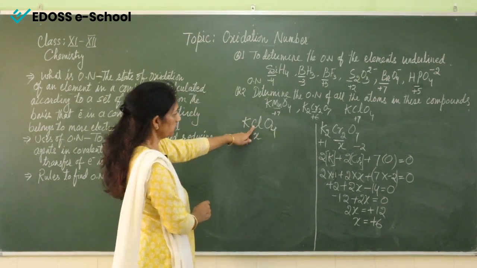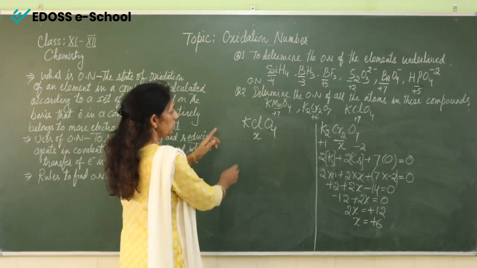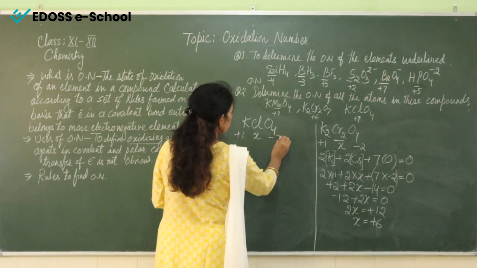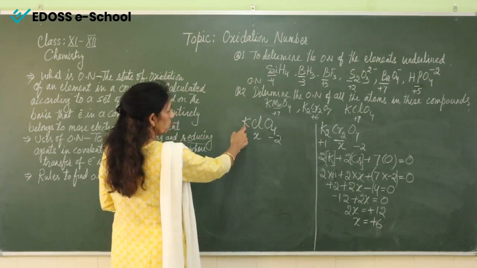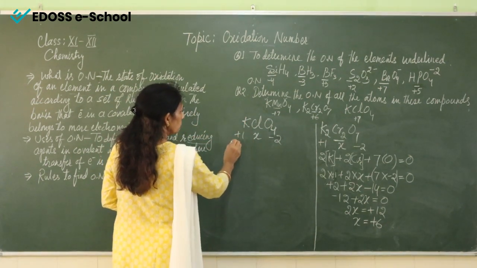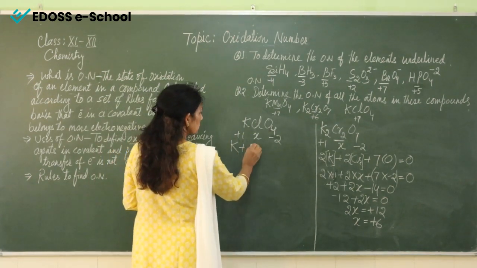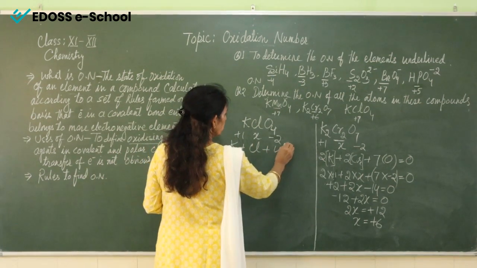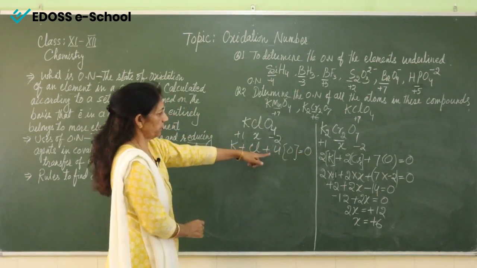So this we will consider x. This we know is plus 1 and this we know is minus 2. So how will we do it? This we have to find, this we know, so this is potassium 1 atom plus Cl 1 atom plus 4 atoms of oxygen. This should be equal to 0.